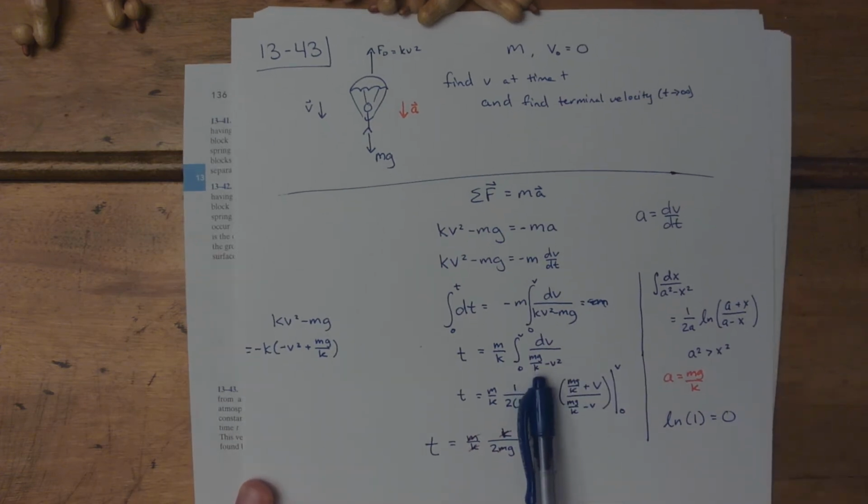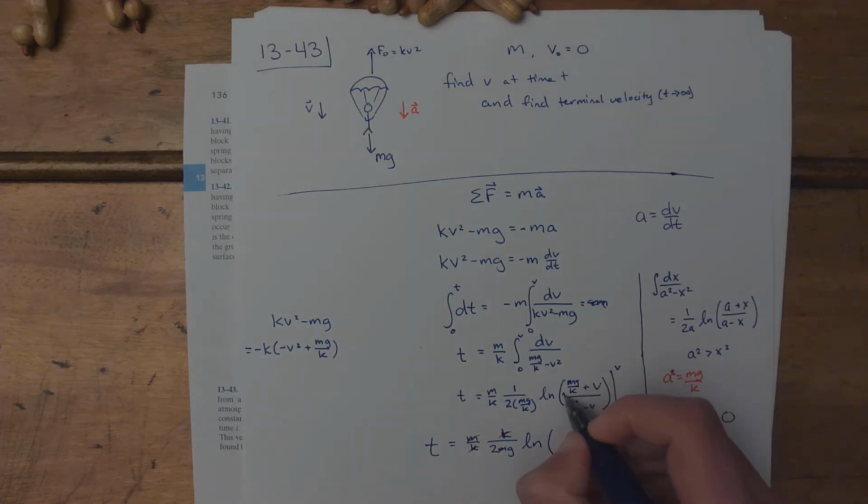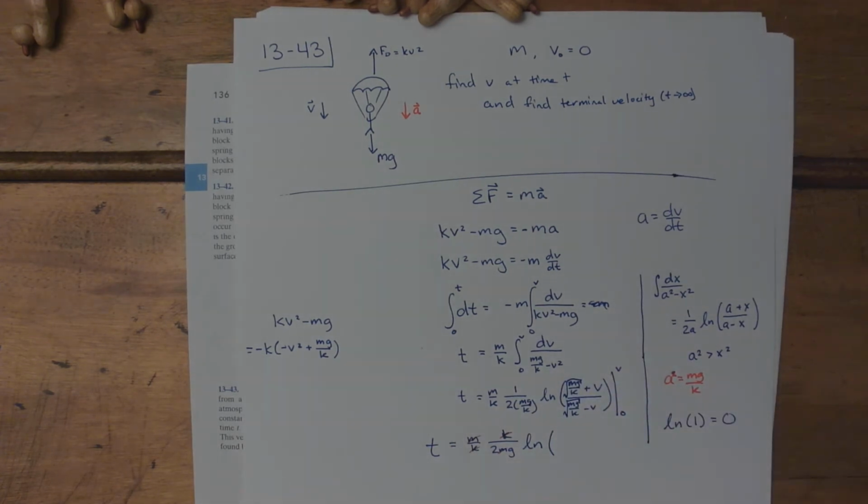Okay, so this I said was equal to a. That's not true. This is an a squared. So a squared is equal to mg over k, which means this should be the square root here, and that should be the square root. And this would have been the square root also, so it doesn't cancel out.